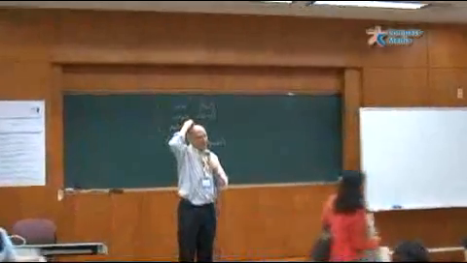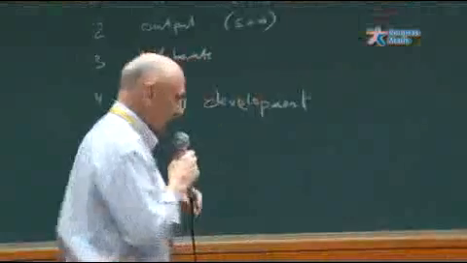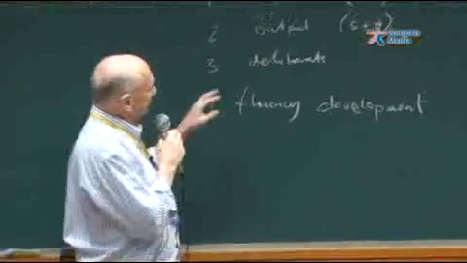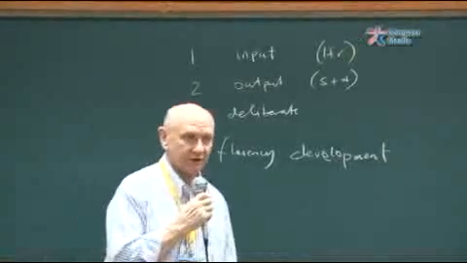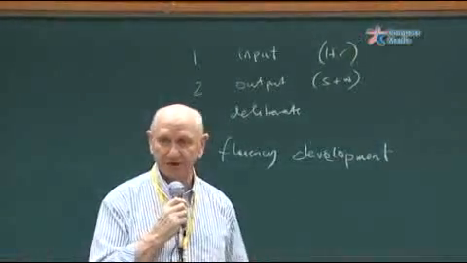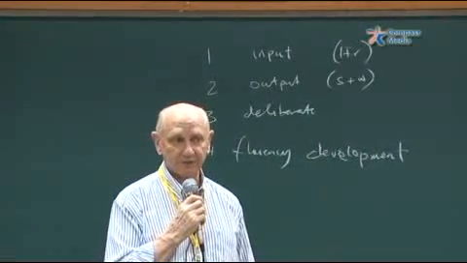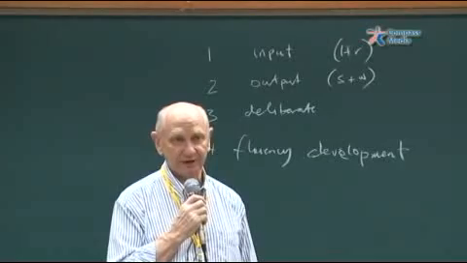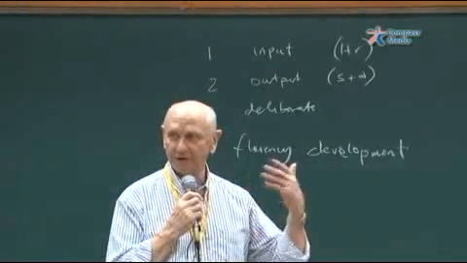Okay, and then the 4th strand is the strand of fluency development. So the idea is that each one of these should have the same amount of time in a course. So about 25% of the time should be spent on reading and listening, but reading means extensive reading, and the listening means extensive listening, where you focus on the message.